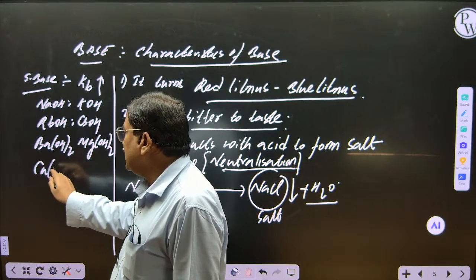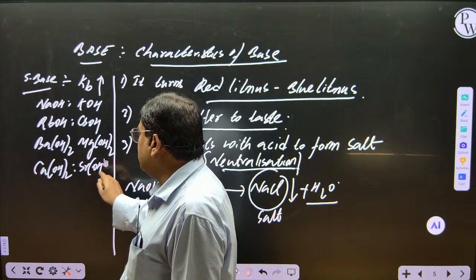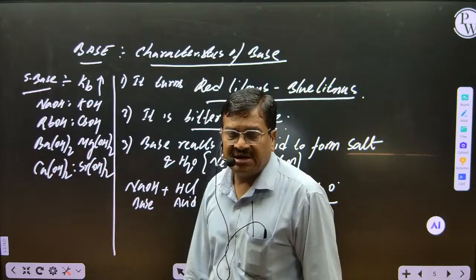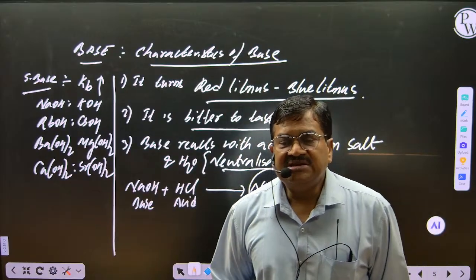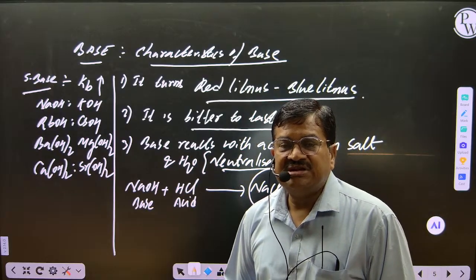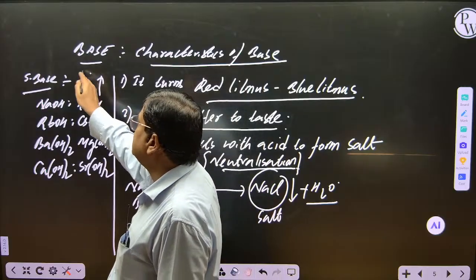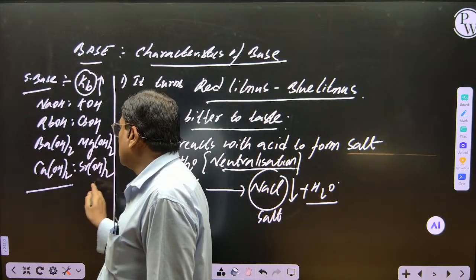Calcium hydroxide, and strontium hydroxide. These are all what bases, students? They are strong bases. Why? Because they completely ionize. What is Kb? Dissociation constant for base. And this value will be very high for strong base.